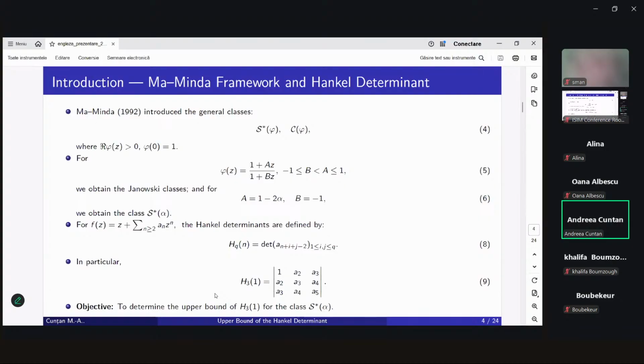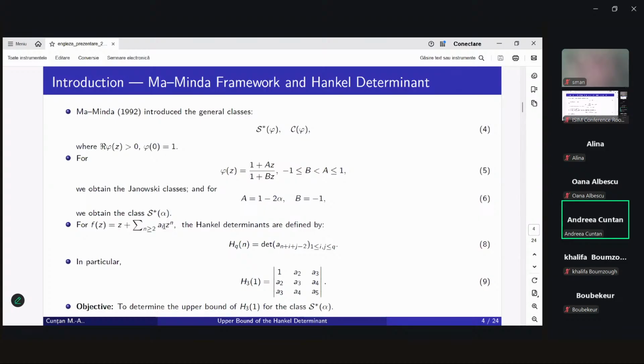Ma and Minda introduce the general classes of star-like and convex functions, where Re of phi(z) is greater than 0 and phi(0) equals 1. For particular choices in relation 5, we obtain the Janowski classes, and for another relation, we obtain the classes star-like alpha.